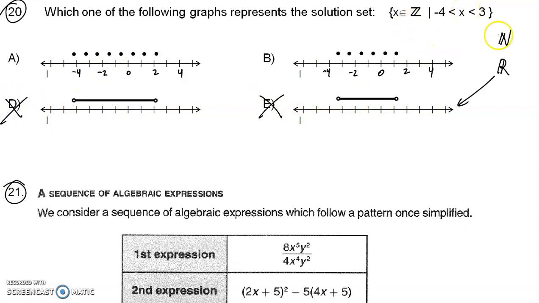Now things didn't line up properly here. But the main thing to remember is that the negative 4 and the positive 3 are not included. So looking at where the numbers were supposed to be shown there, you'll see that this would have included the negative 4 and the positive 3 if it lined up properly. So your answer must be B.